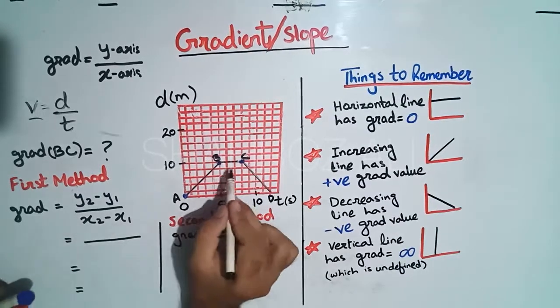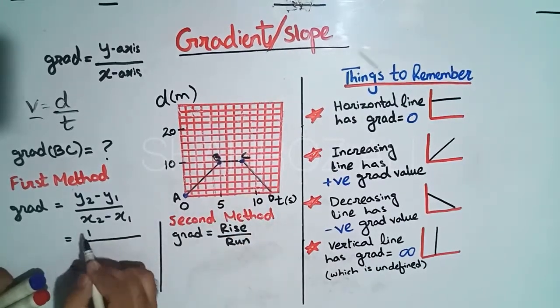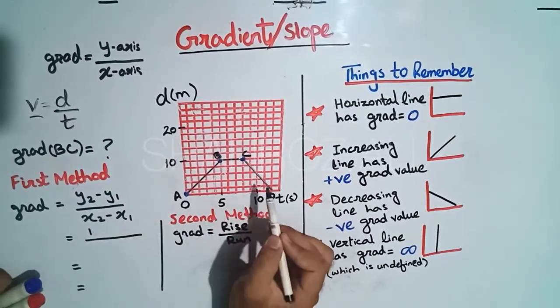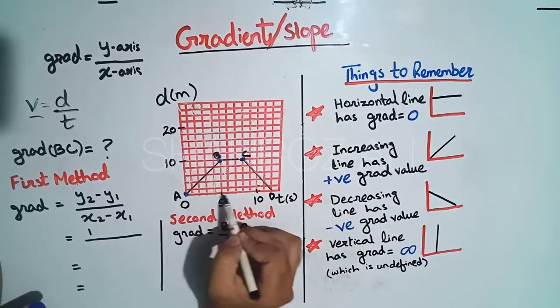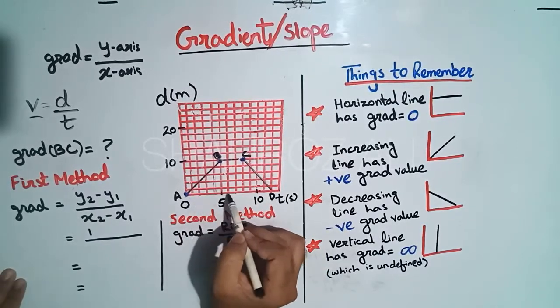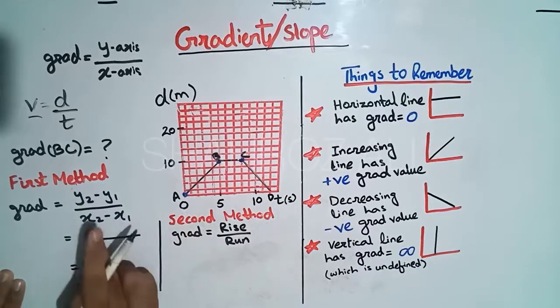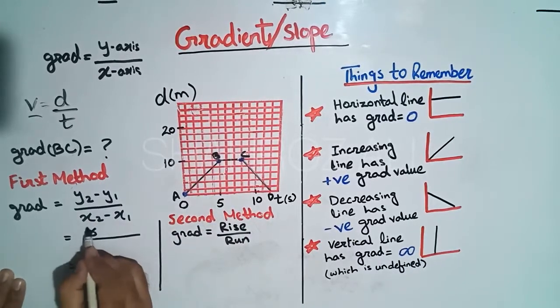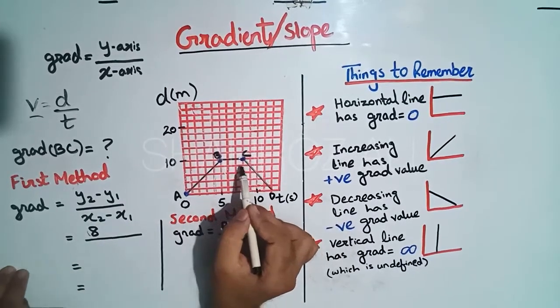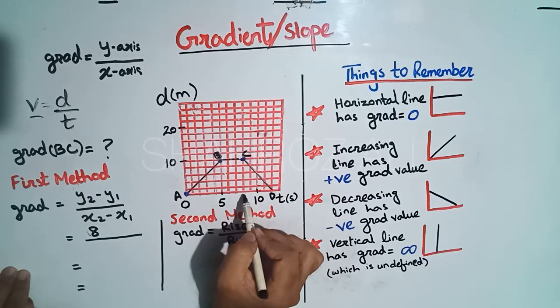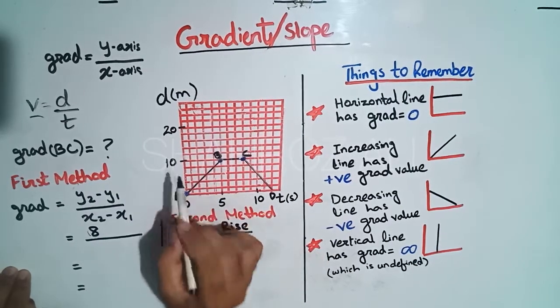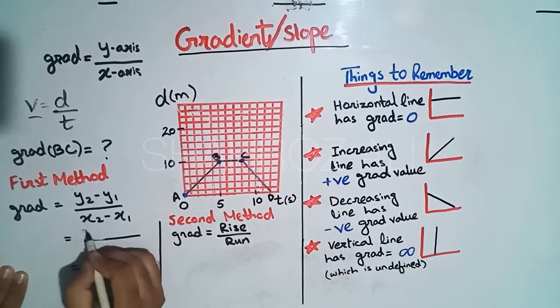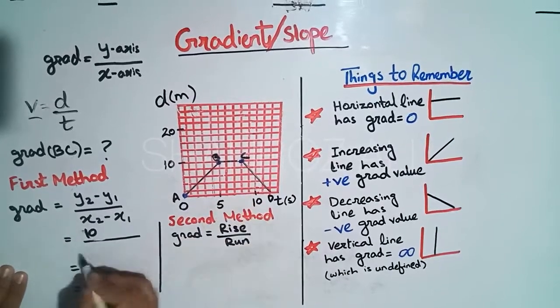So what is y2 here? That is 10, sorry, let me calculate, because each line is 1 2 3 4 5 6 7 8. It is 8 now. Similarly, what is the value of x here? No, sorry, for y we have to take 10. For the y axis 10 and for the x axis 8.